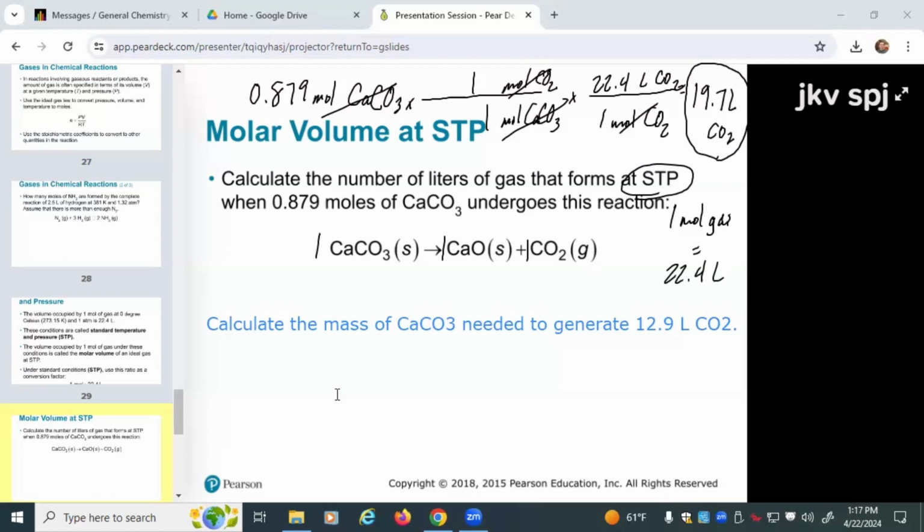Still a stoichiometry problem, but we're reversing field basically. The process would be nearly identical.